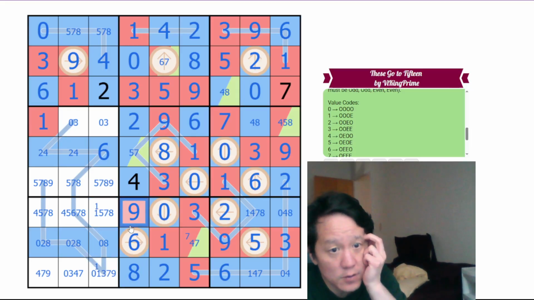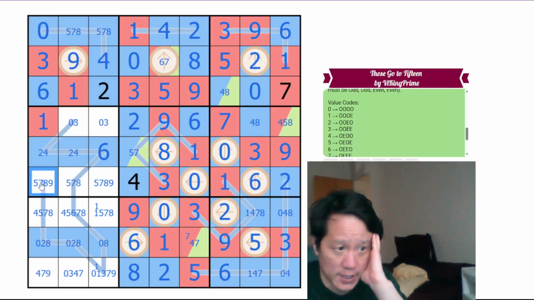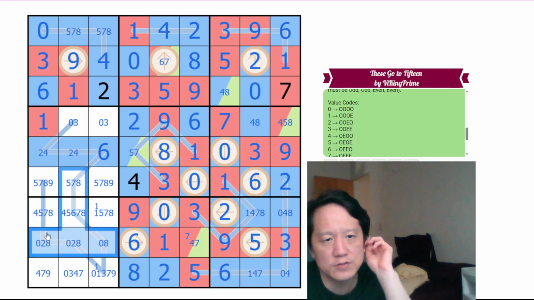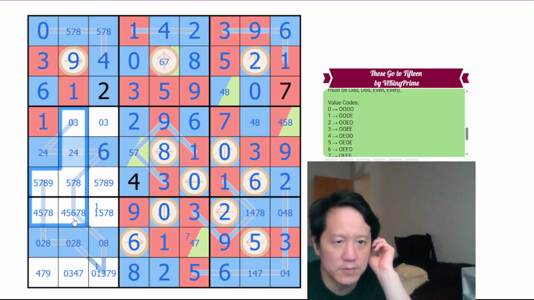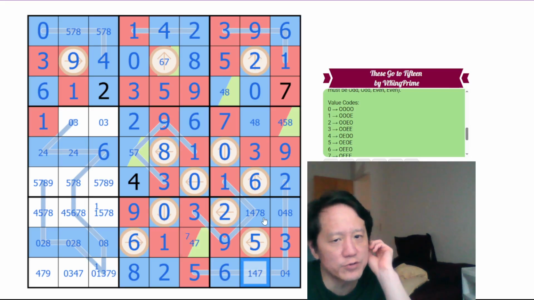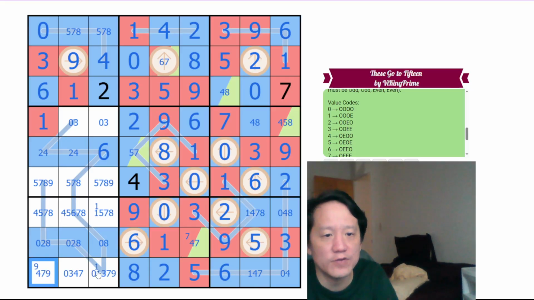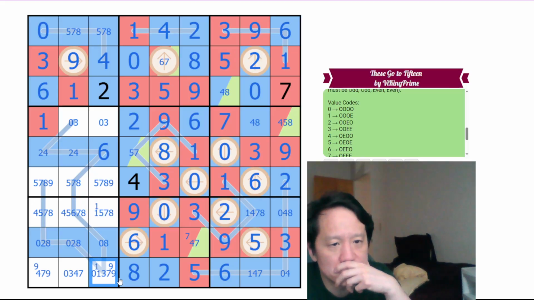Okay. If this is 3 and 9, that means there's only one odd digit amongst all of these. Otherwise, they're all even. We don't know if this is Schrodinger or this is Schrodinger. 9 has to be one of these two cells.